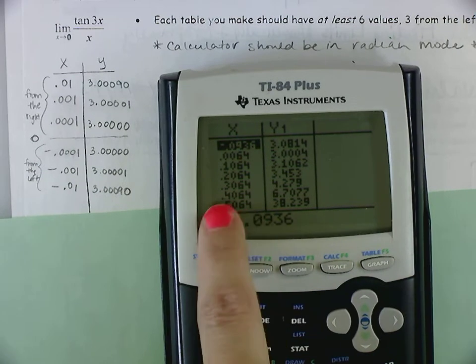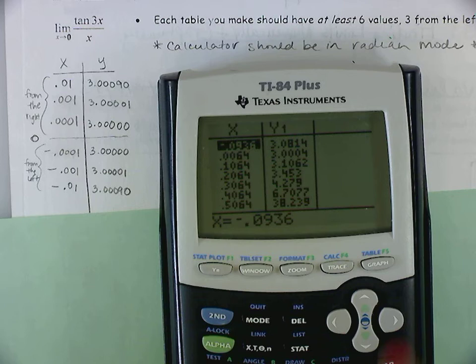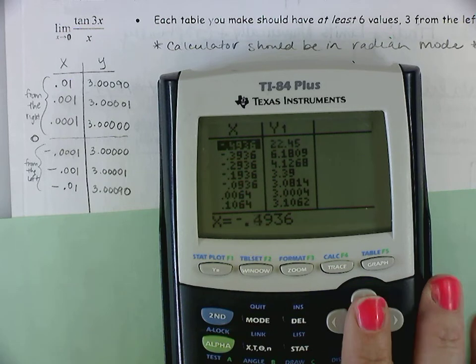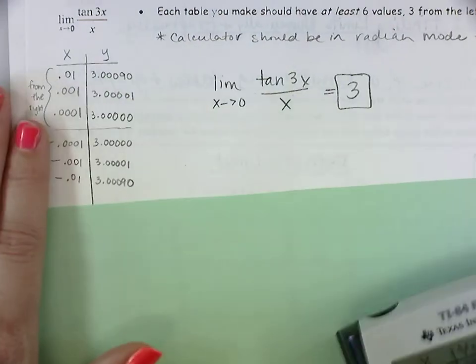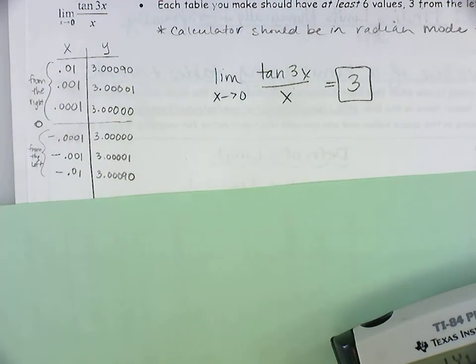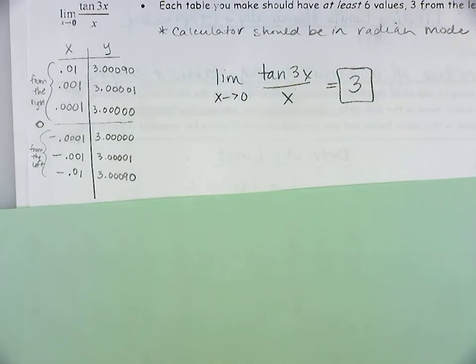Just going up by 0.5, 0.4, 0.3, you can see how far apart those are, which is why you do want to have some that are clustered towards your value. Okay, so then the limit as x approaches 0 for the tangent of 3x over x would be equal to 3.